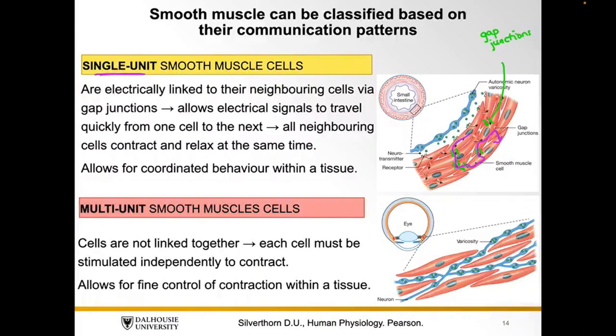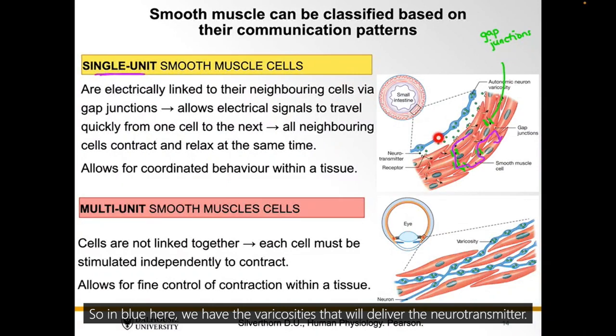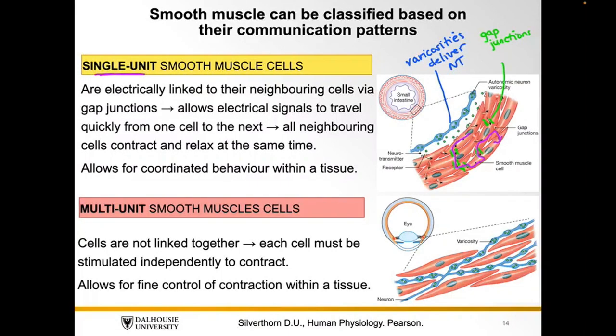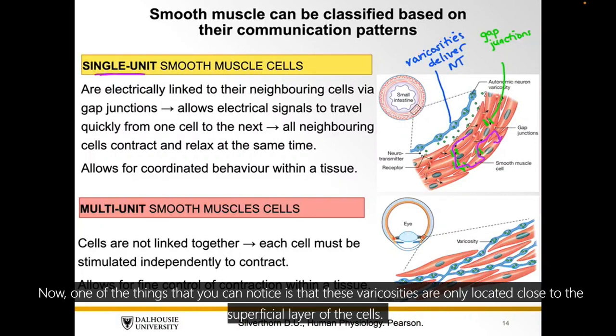The other point where I want to draw your attention here is how these cells receive the signals. So in blue here, we have the varicosities that will deliver the neurotransmitter. Now, one of the things that you can notice is that these varicosities are only located close to the superficial layer of the cells.